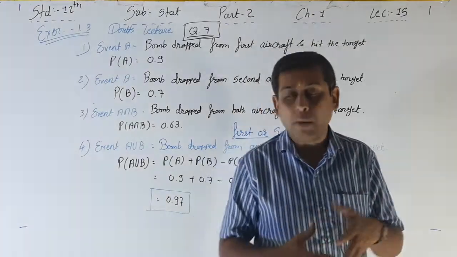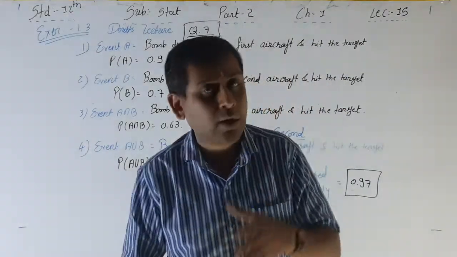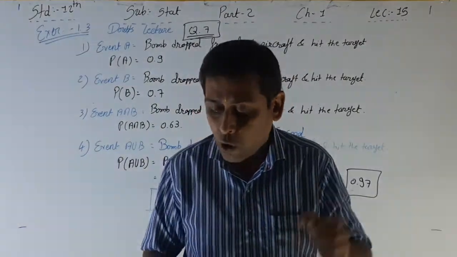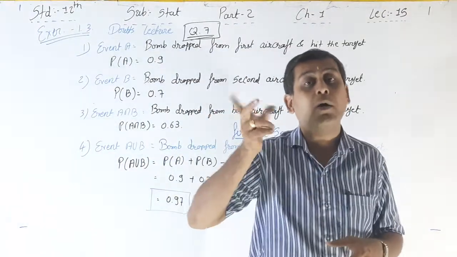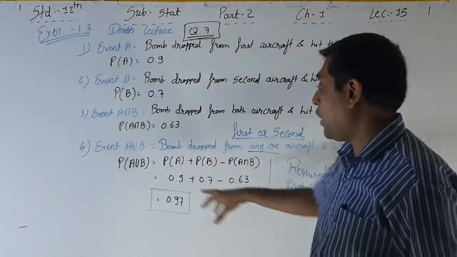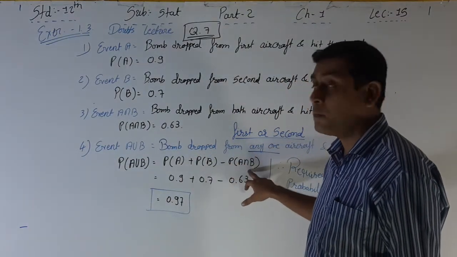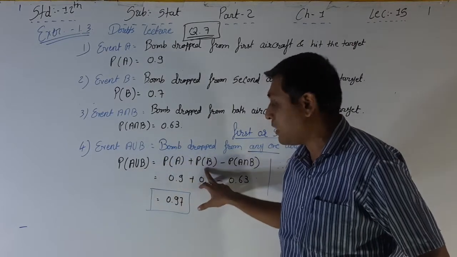I hope you complete this, because from your side there is no doubt in this question, but I have to explain that. That's why I am explaining here. Only one of the two items, that's why we have to find out only one. But for that we have to first find out P of A intersection B from the union formula, because A union B is given, A is given and B is given.